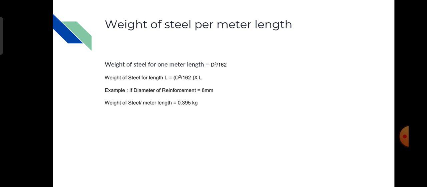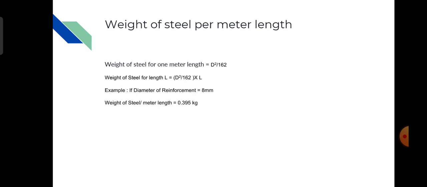So next, coming on to calculation of weight of steel per meter length. Generally the weight of the steel is calculated with reference to the very generic formula that is given by d square by 162. So for 1 meter length of the steel bar, the weight of steel is equal to d square by 162, where d is the diameter of the bar or diameter of the reinforcement.